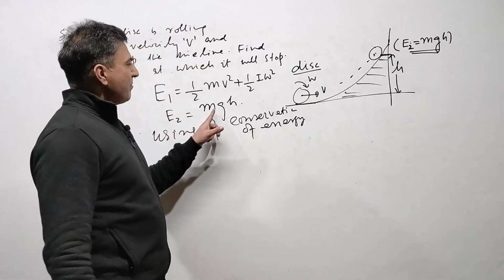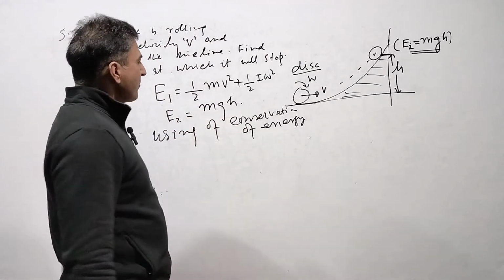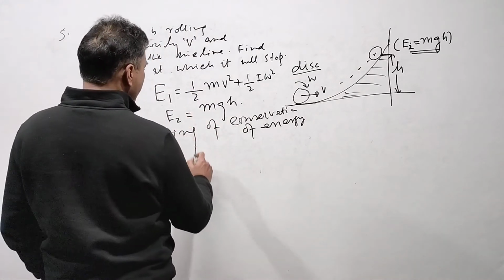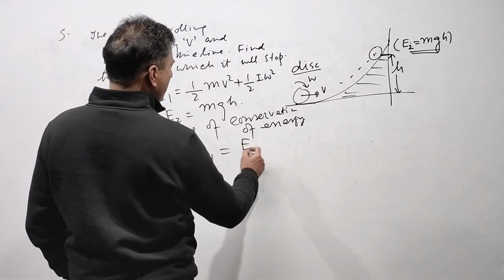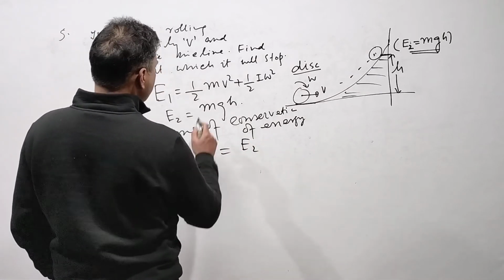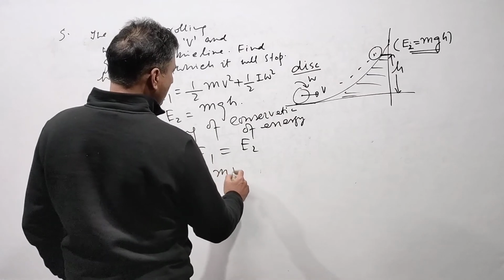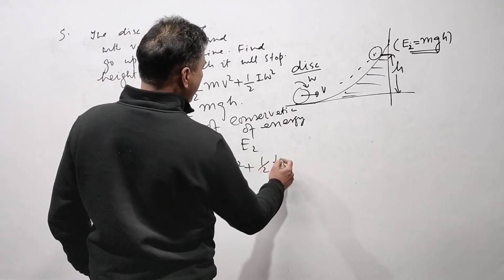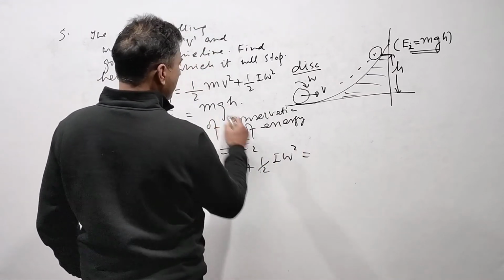So final energy is mgh, potential energy. Okay, now we will write E1 is equal to E2. E1 is 1 by 2 mv square plus 1 by 2 I omega square is equal to E2, which is mgh.